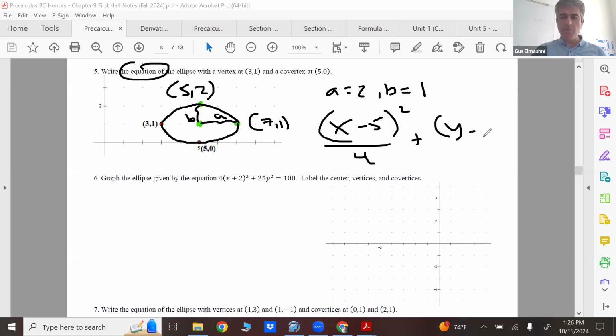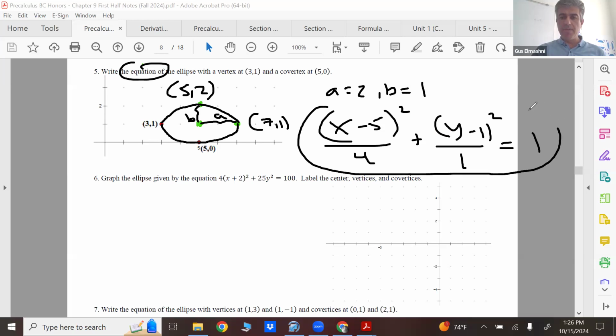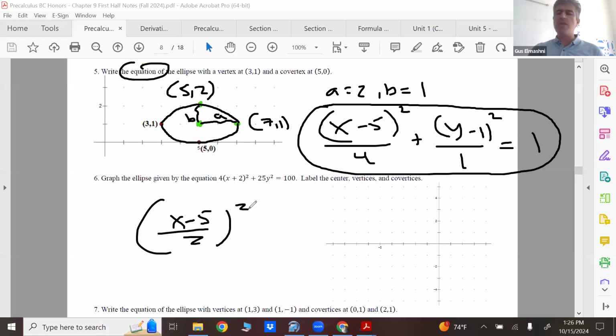Y minus 1 squared over 1 equals 1. Yeah, good. It's up to you. You could do x minus 5 over 2 squared. Doesn't matter. It's totally up to you.